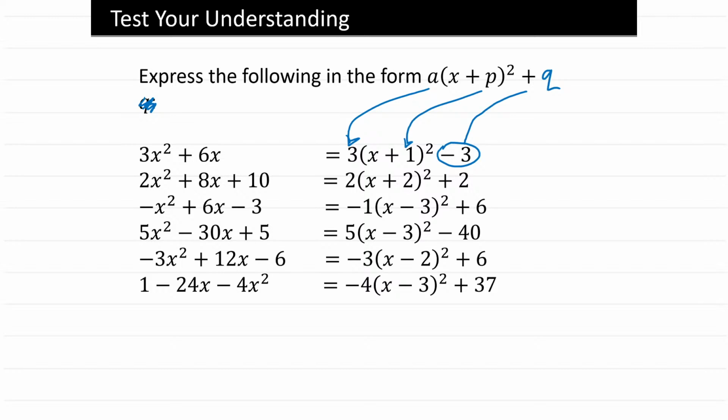So you must remember to take the sign with you. For example, for this one, A is going to be -1 and P is going to be -3, and then your Q is going to be equal to positive 6. Okay, right, so let's move on to the next part.